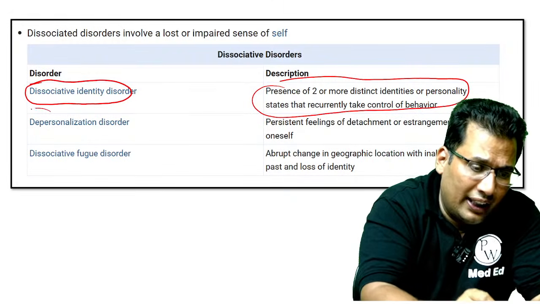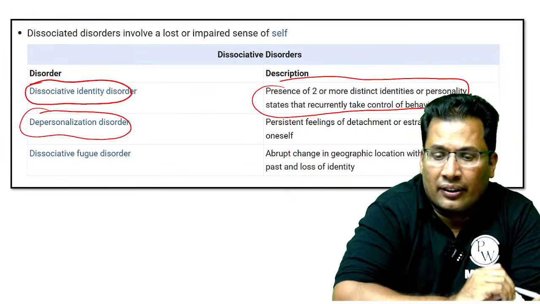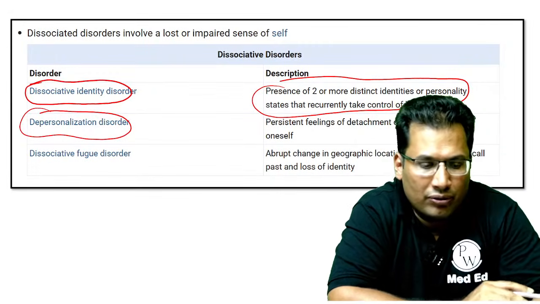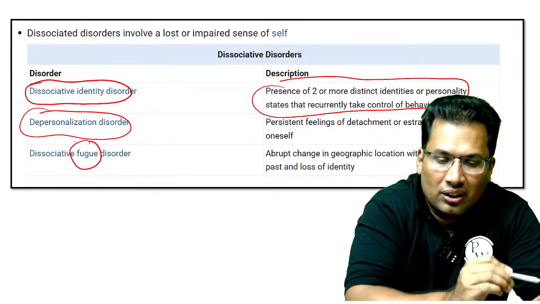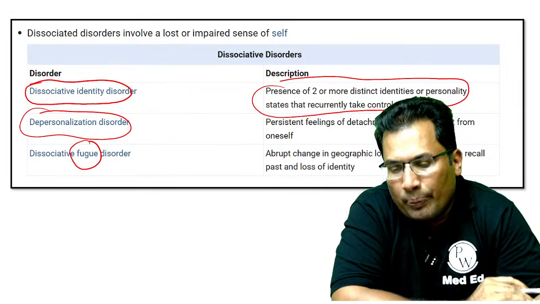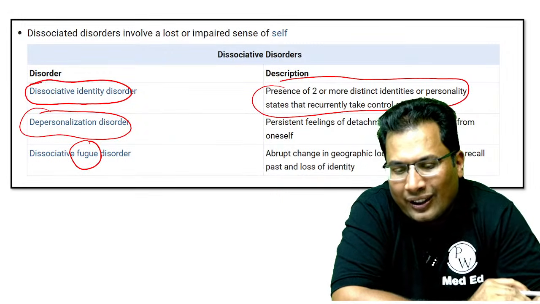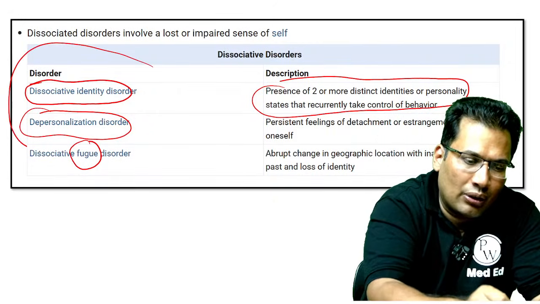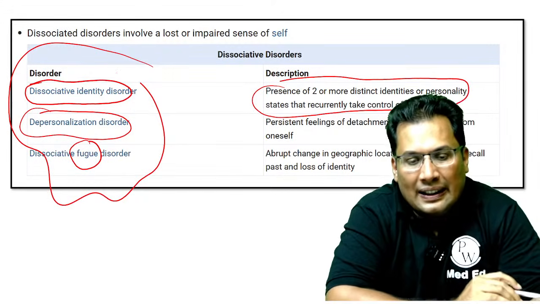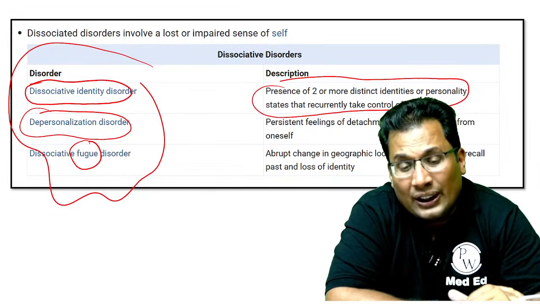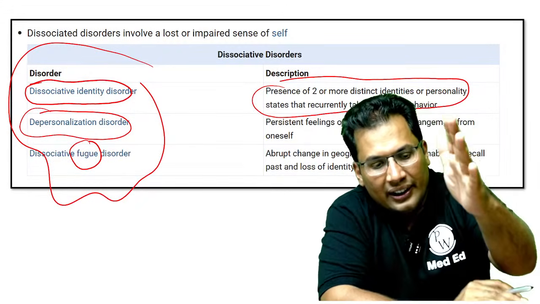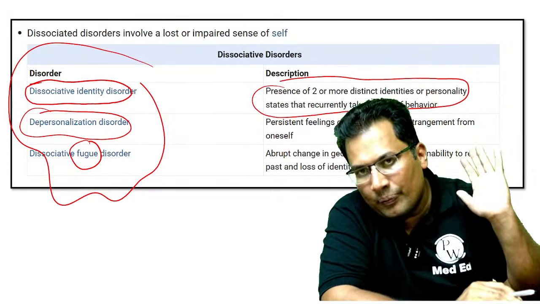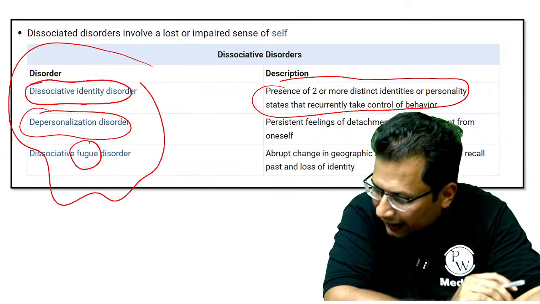Depersonalization disorder is persistent feelings of detachment from oneself. Fugue is an abrupt change in geographic location with inability to recall the past and loss of identity. So there are three types of dissociative disorder: one is identity, one is depersonalization, one is dissociative fugue. So this can be asked in your exam.